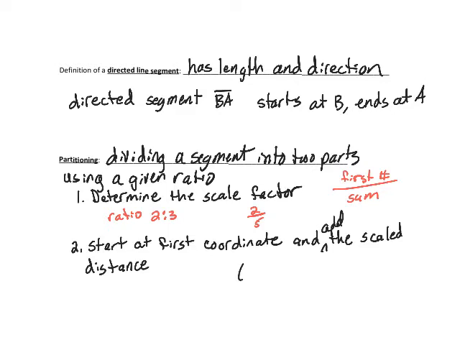So for the x's, the total distance is x2 minus x1, and you multiply that by the scale factor. If that scale factor were 2/5, then you would multiply the whole thing by 2/5. And finally, your answer is going to be a coordinate: an x and a y coordinate that is that certain distance away from the starting point of your directed line segment.